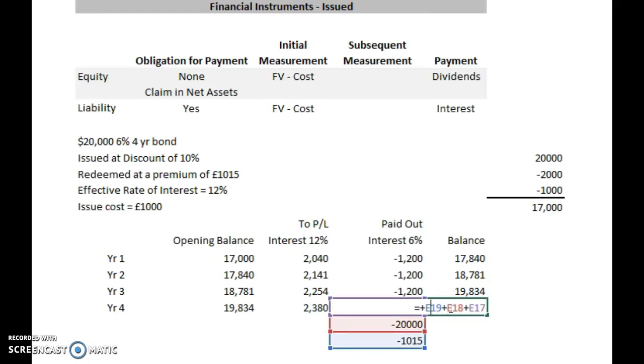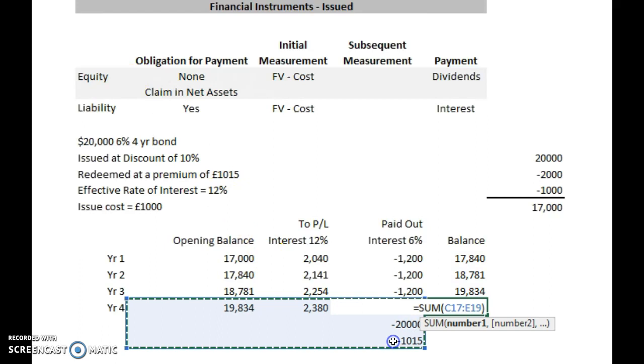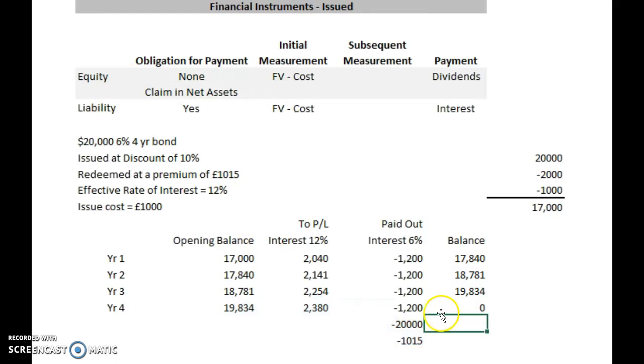And if we add all this together, effectively do it like this, we're going to sum all these together. It should give us 0.